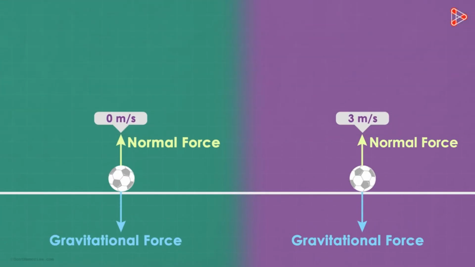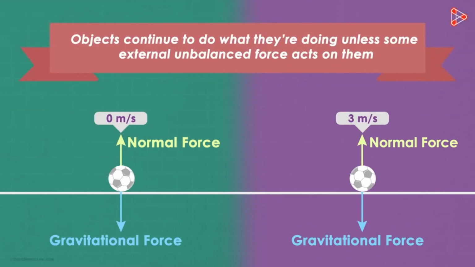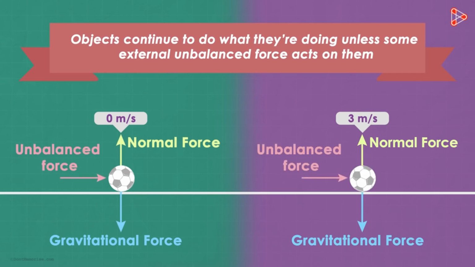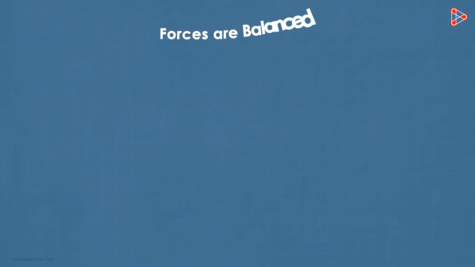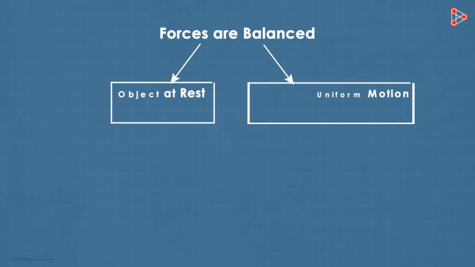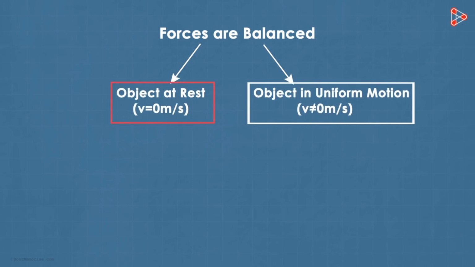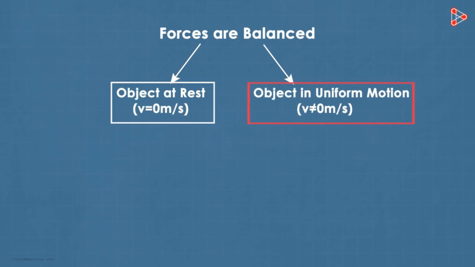In simple words, it means that objects continue to do what they're doing unless some external unbalanced force acts on them. We can also understand this using a simple diagram. If the forces are balanced, there can be two cases. An object may be at rest, or an object will be in motion at a non-zero constant velocity in a particular direction.